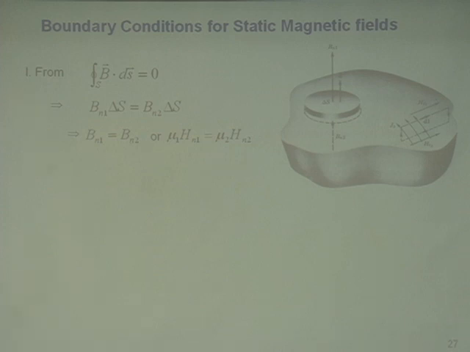We have boundary conditions for magnetostatics, and up to this point, this is very standard and also a familiar operation for you. If you have divergence of something equal to 0, then you can create the boundary condition for the normal component of the vector, right?